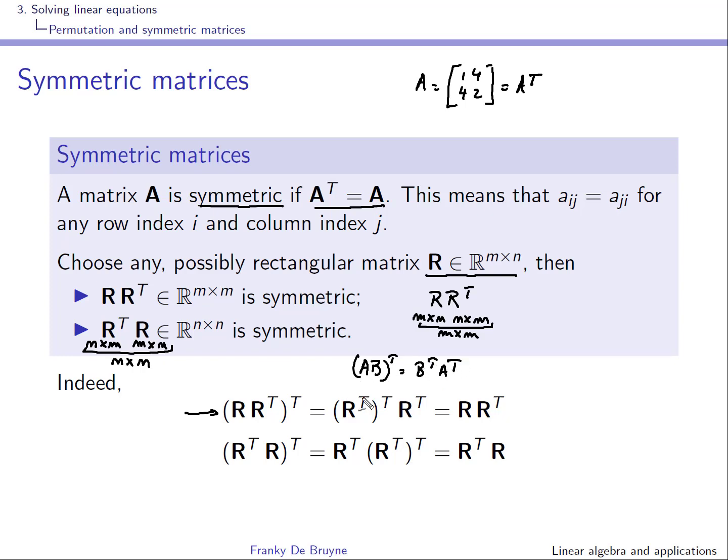So you take the transpose of R, well, this is R, times the transpose of R. So we end up with this. We see that this matrix is indeed symmetric because it is equal to its transpose. You can do the same for this one over here and show that it is also symmetric.